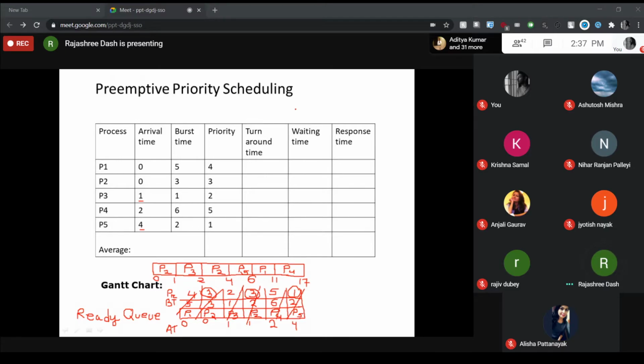So turnaround time, as you know, is finish time minus arrival time. Now looking at the Gantt chart, tell me, for P1, what will be the turnaround time?